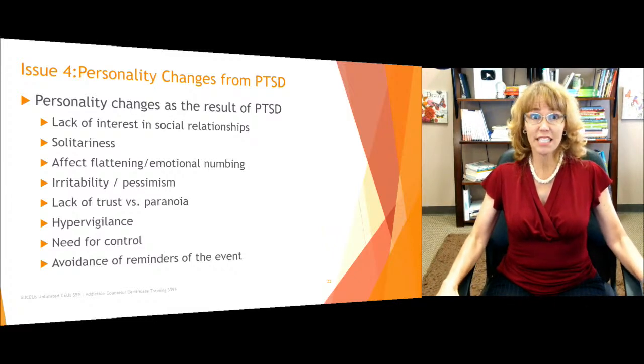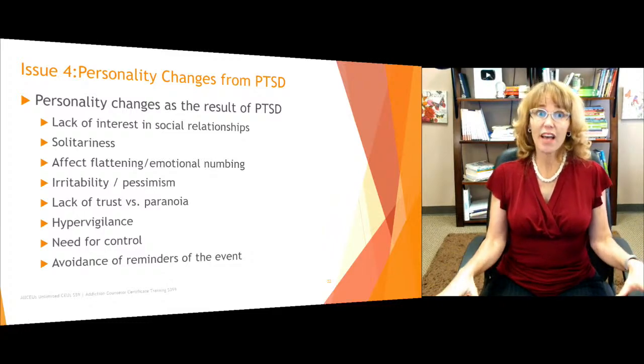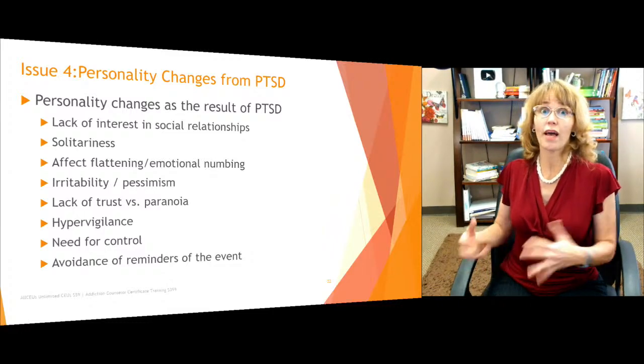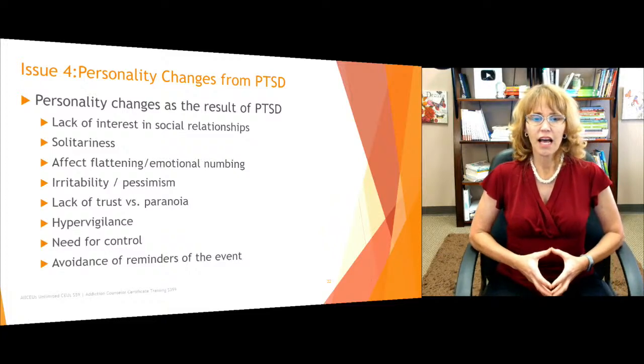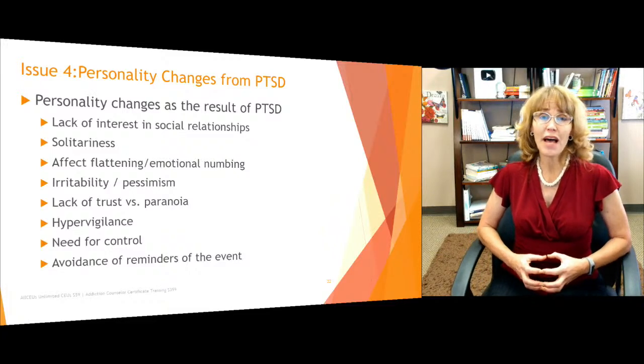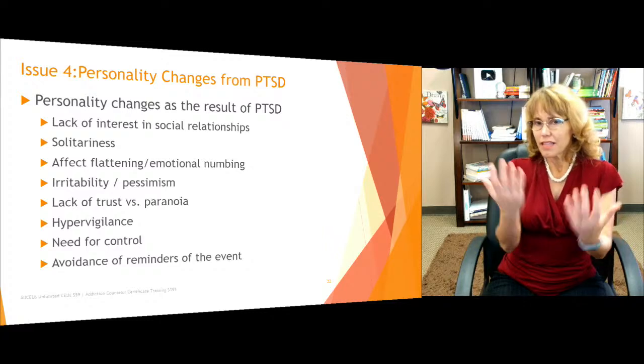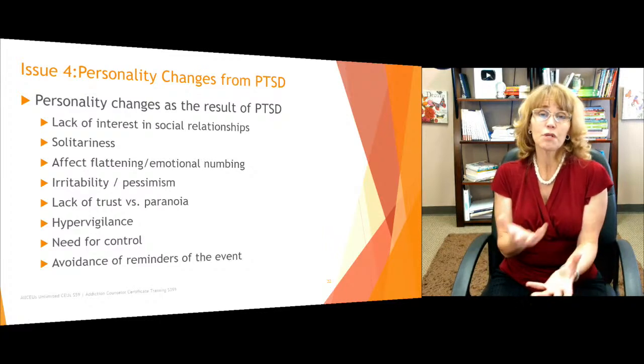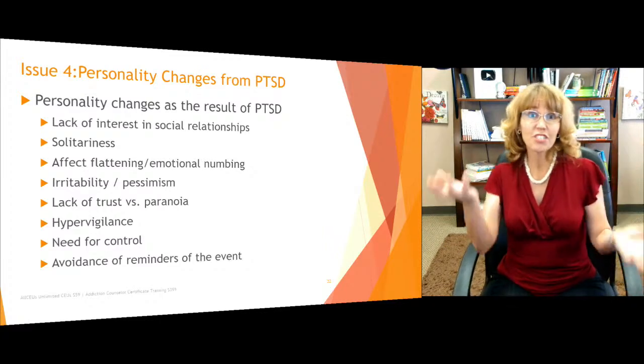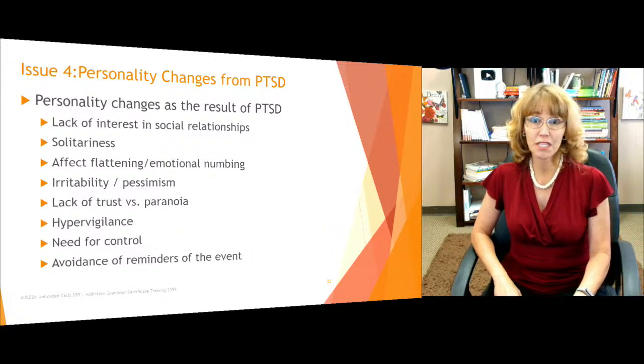We've got to do it this way, because if we do it this way, I'm safe. If we don't do it this way, I'm not safe. And avoidance of reminders of the traumatic event. All of these symptoms are represented to a greater or lesser degree in the majority of personality disorders.